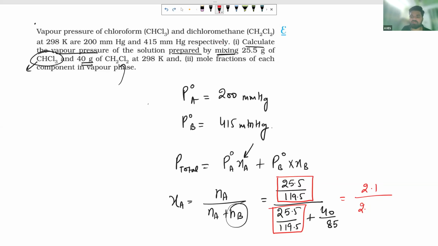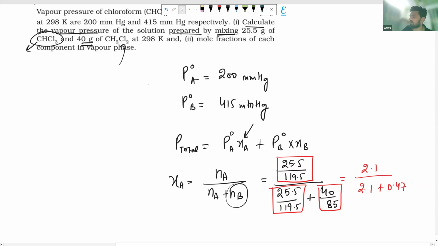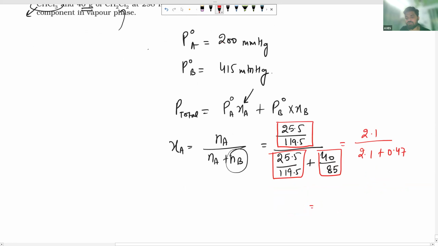And then again, when you solve this value, what will you get? You will get approximately 0.47. Okay. So when you add these two, you will get 2.1 divided by 6.8.